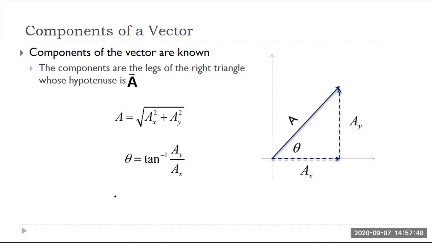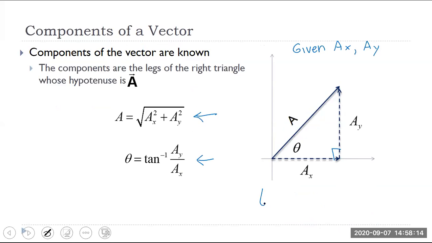So in this particular case, if I was given AX and AY, and I knew what those values were, I could use the fact that I have a right triangle, and I could figure out the length of my vector using Pythagoras's theorem. And I can figure out the angle by using inverse tangent.